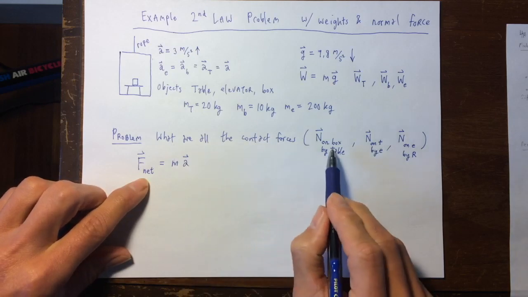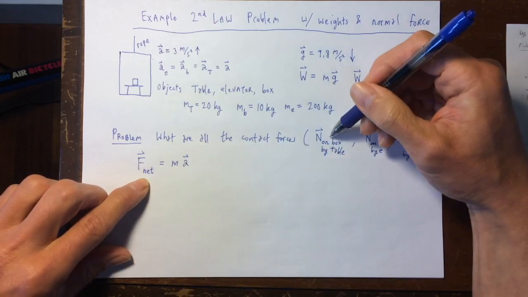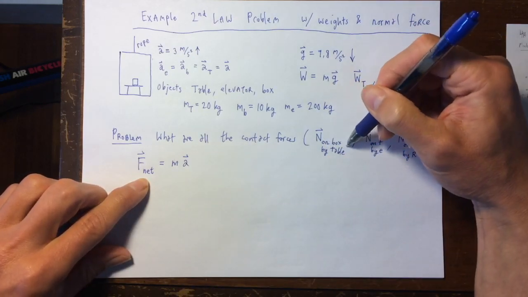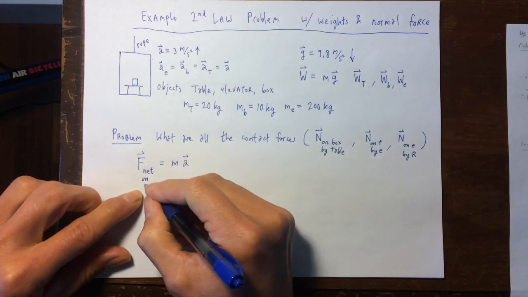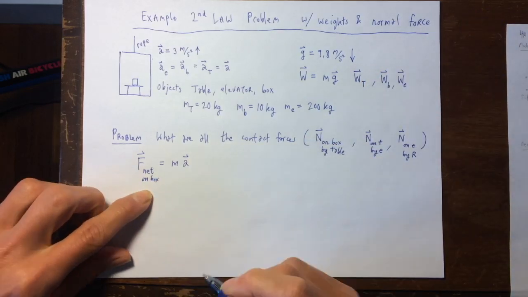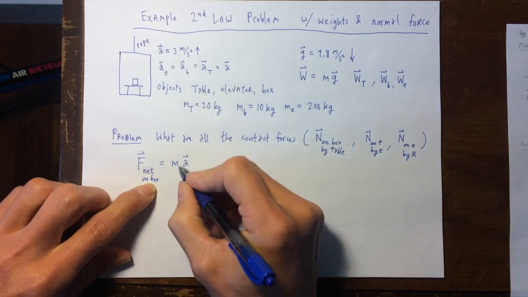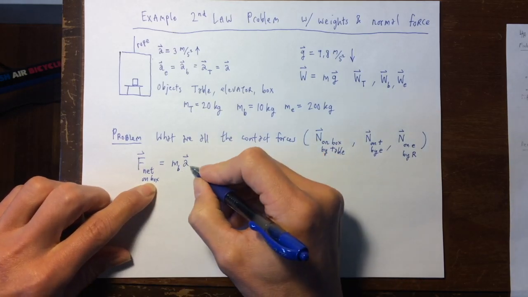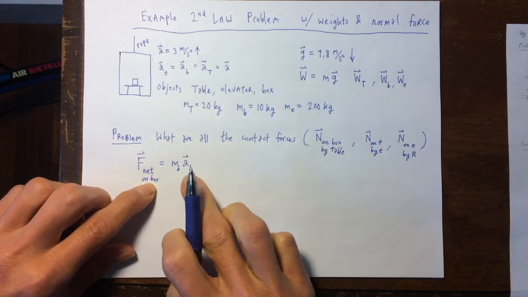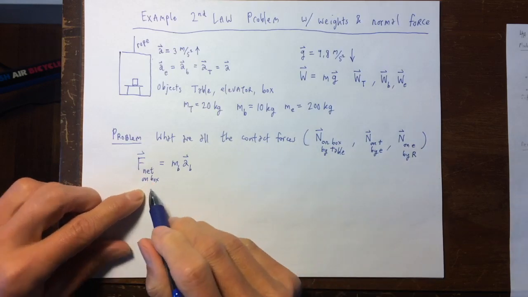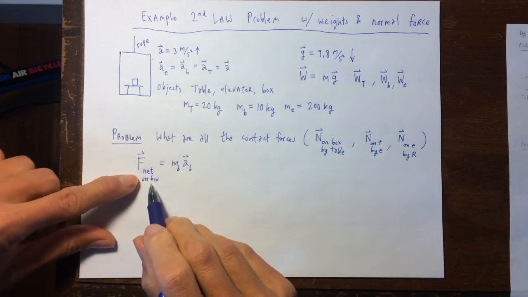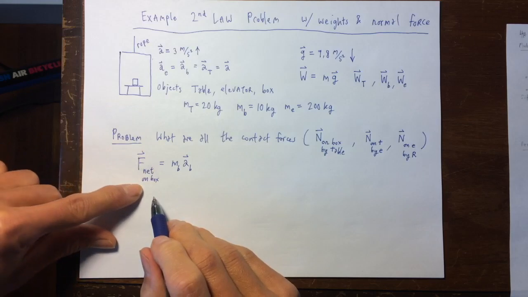So if I want to find the contact force acting on the box, I would want to know the net force on the box. It's the mass of the box times the acceleration of the box, and the net force on the box is the sum of all of the forces that act on the box.